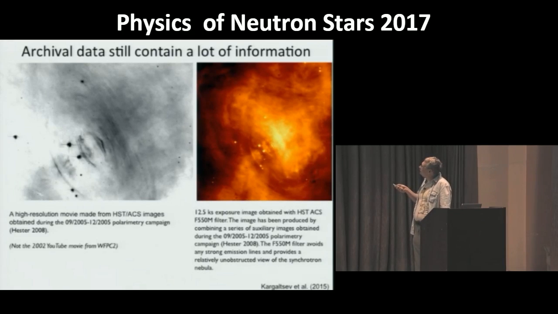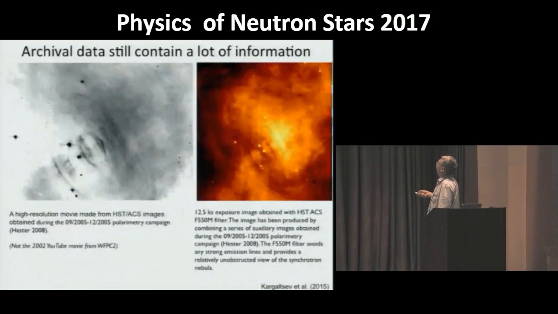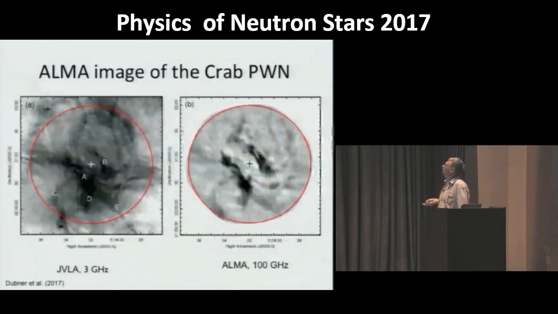The velocity field possibly can be reconstructed here, but that's a topic of another talk, right? There is also a lot of information still in the archival data, because there's this filter that avoids bright filaments. And there you can see the counter jet of the Crab pulsar better.